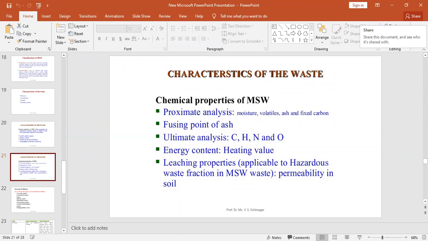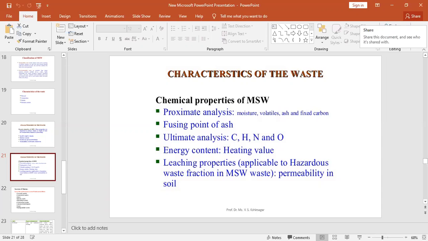You should know the characteristics of municipal solid waste. Then the energy content, the heating value of the solid waste. Then the leaching property applicable to the hazardous waste fraction in municipal solid waste, and permeability in soil.